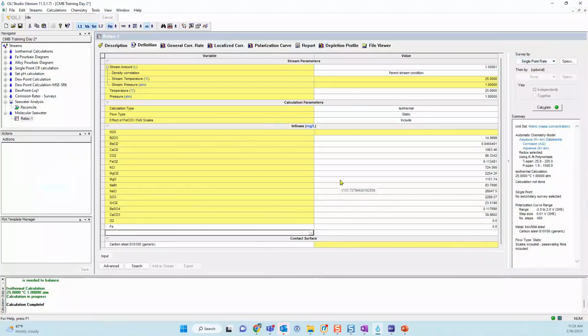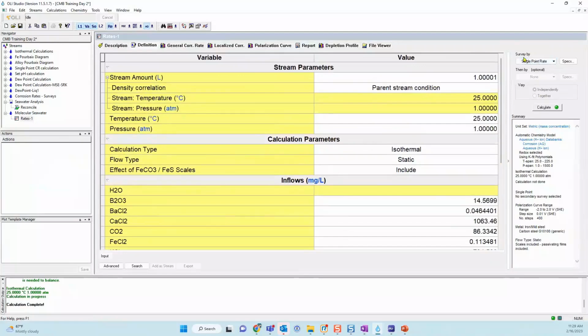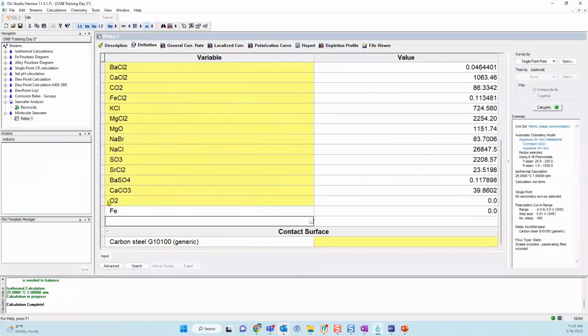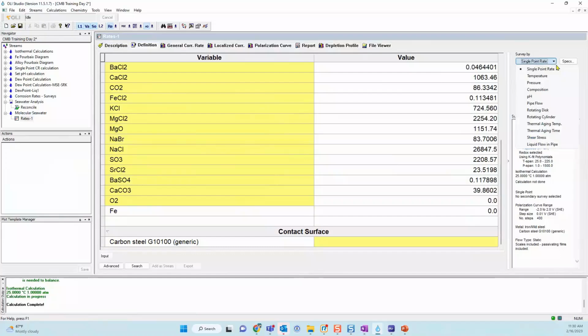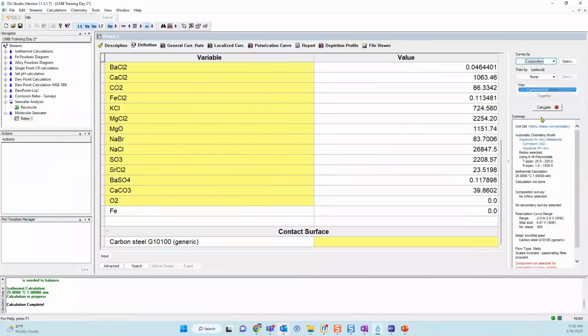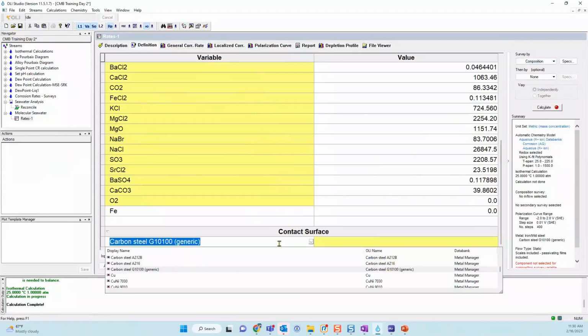So what I want to do now is vary the concentration of oxygen from one value to another value that I don't know yet, and see what is the effect of that oxygen on my corrosion rate. So I will do a survey by composition, right? And I will do this on a carbon steel. So let's select here.